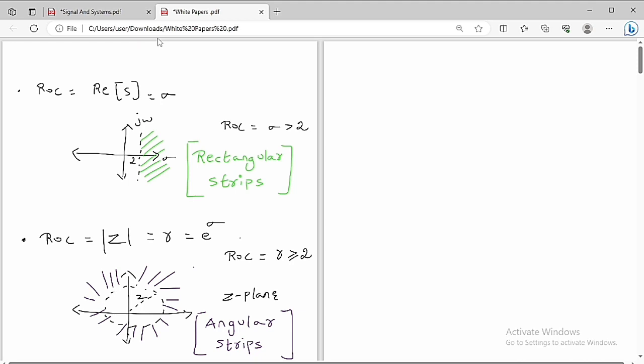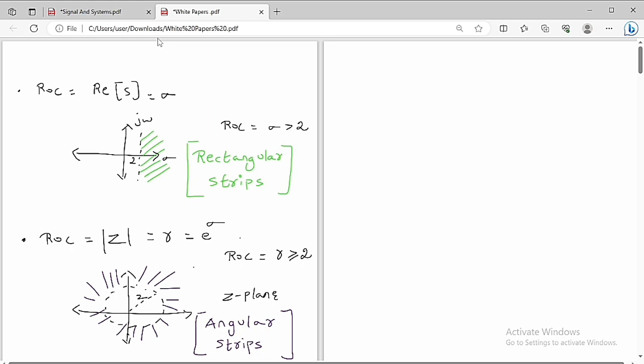This point you always have to keep in your mind.